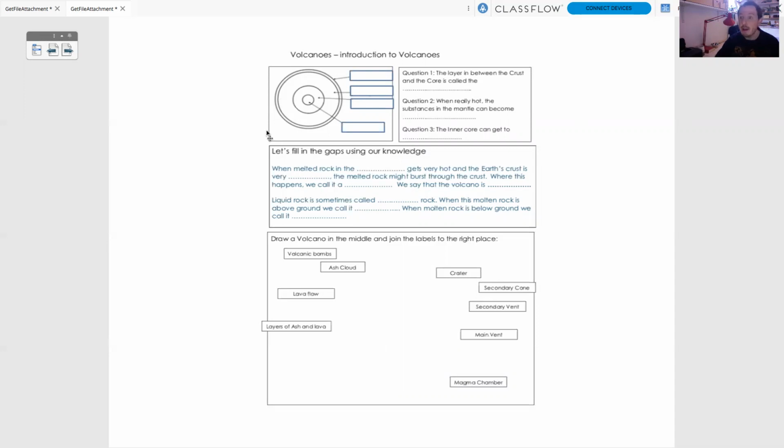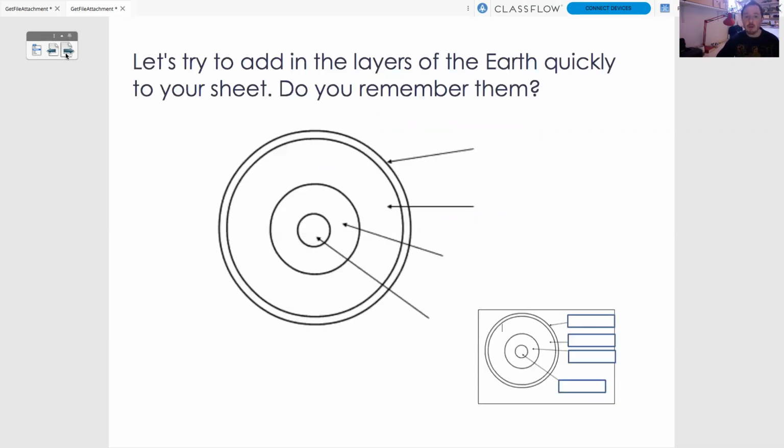Let's get straight into revising about the structure of the Earth. In this first box on our sheet, let's try to add the layers of the Earth if you can remember them. Do you remember them from last time? We talked about what's the layer on the outside of the Earth begins with a C, and then the layer just underneath begins with an M, and in between that we've got an inner and an outer.